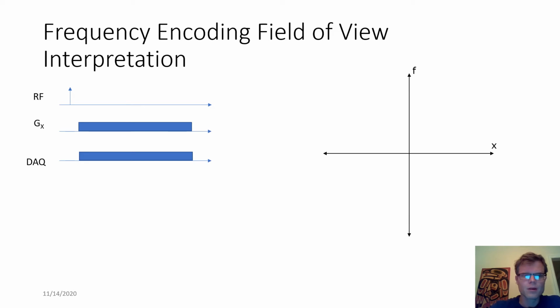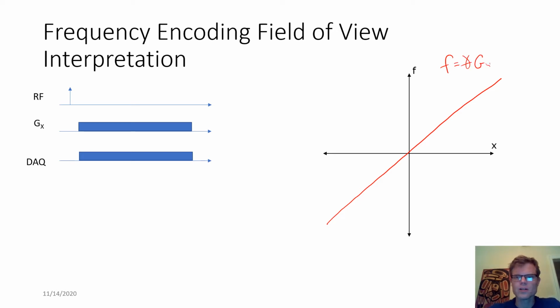Okay, so let's start off with our simple frequency encoding pulse sequence here, where during the time the magnetic field gradient is on, we have this relationship that frequency is the gyromagnetic ratio times the readout gradient amplitude times position.